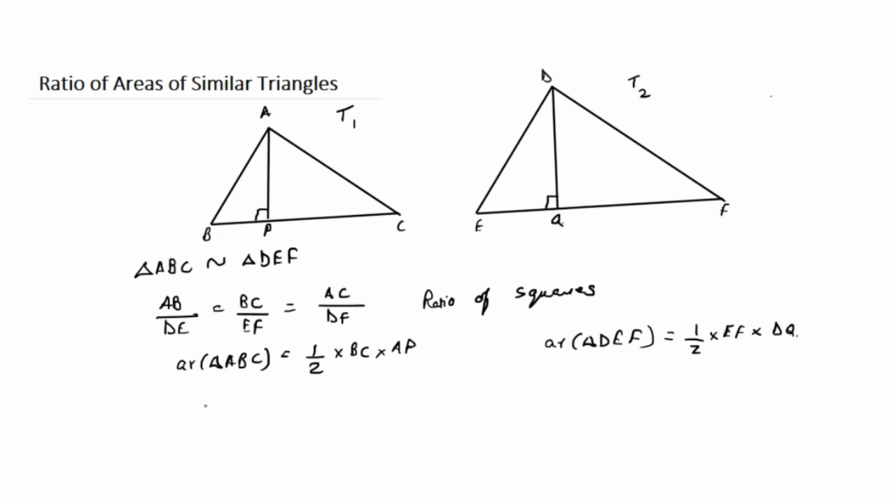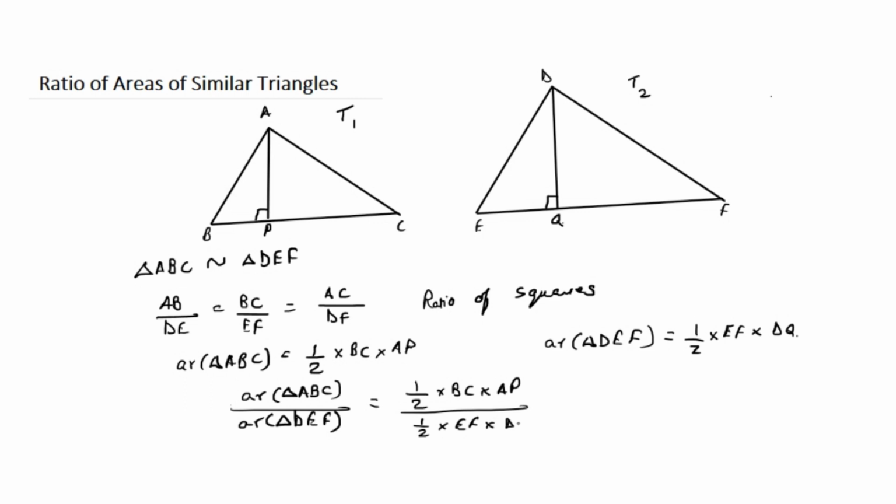So if we take the ratios of both, we get that the area of triangle ABC over the area of triangle DEF is equal to half times BC times AP over half times EF times DQ.